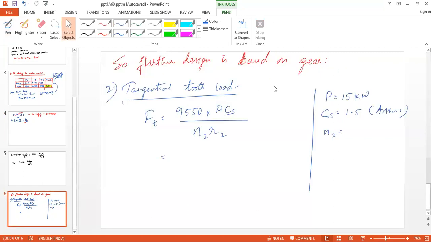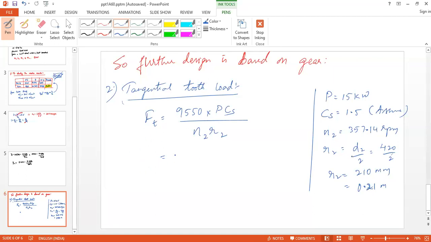It is 357.14 RPM. And what is R2? R2 is D2 by 2, that is 420 by 2, which is 210 mm. So this R2 is in mm, and 210 mm is 0.21 meter.